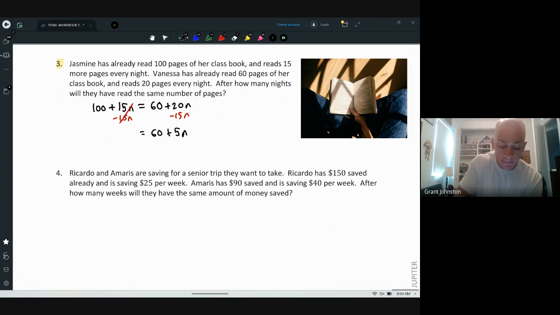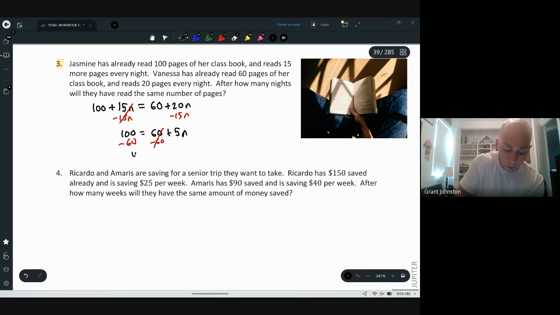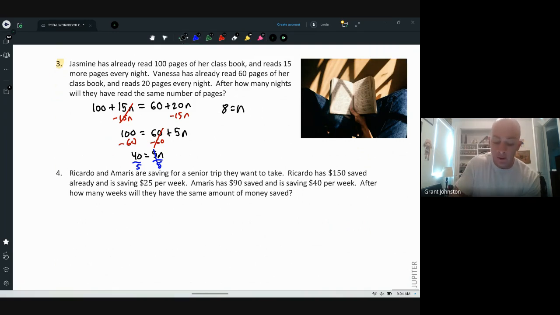It'll be 5N. 100 over here. Now we're going to take away the 60 because we're solving for that N. That's going to be 40 equals 5N, and then divide by 5. So that means 8 equals N. No rounding necessary. So 8 nights.